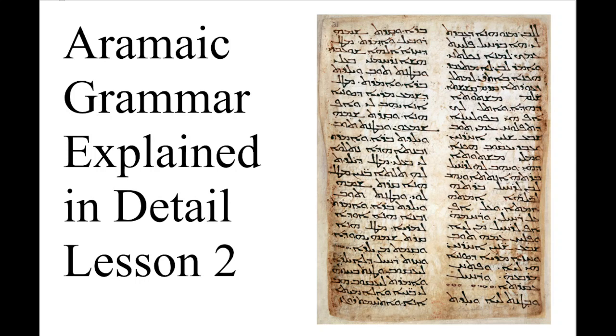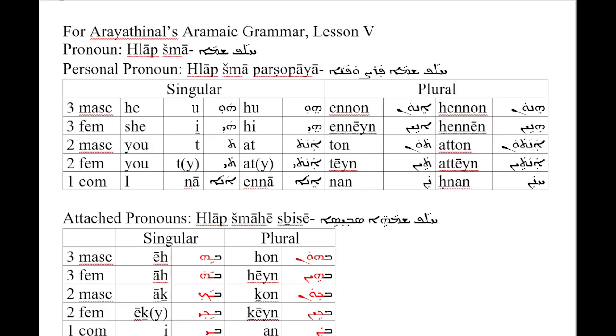So let's get into my second lesson, which is a presentation of lesson 5 in Arayathinal's grammar. If you're looking at the print, that would be on page 58 of Arayathinal. As usual, I'm going to present the information there so you don't have to work through the chapter, and I don't recommend you actually work through the book the first time through.